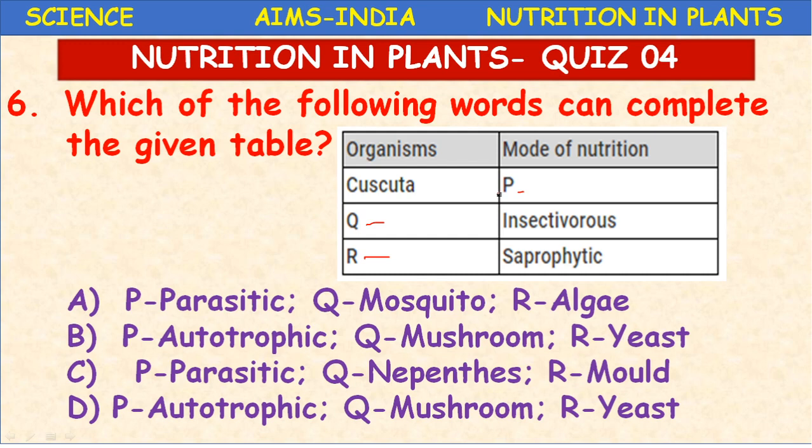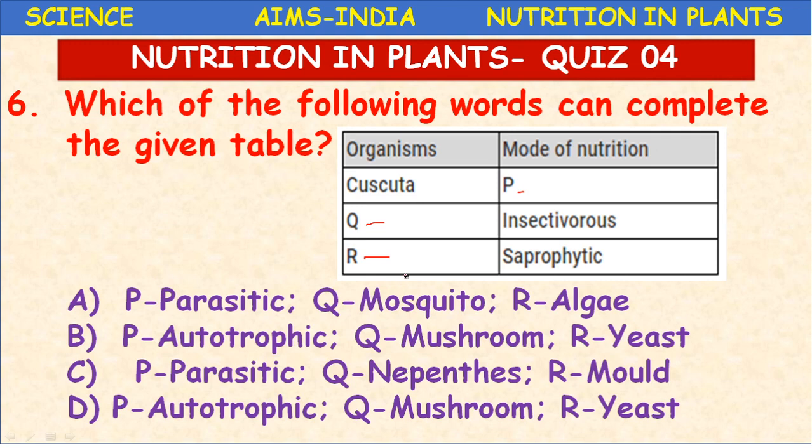Here P, as we know that Cuscuta is a parasite. So P is parasite in option A, and option C also, P representing parasitic nutrition. Next, Q. What are the options given for Q? Mosquito, mushroom, Nepenthes. Out of which is an insectivore? Yes, Nepenthes.